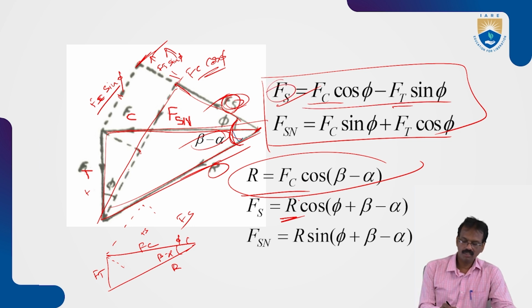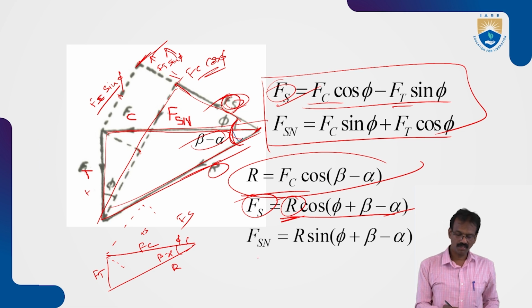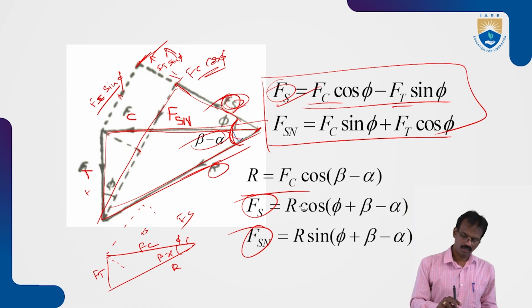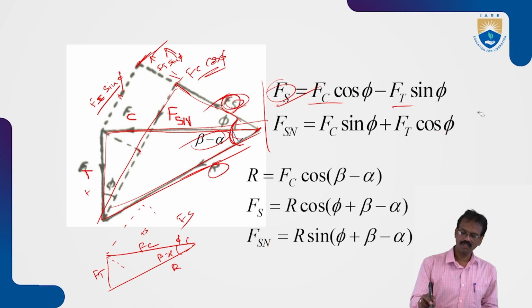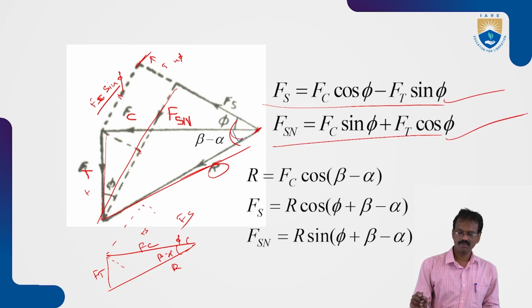If the resultant and the different angles have been given, then you can find Fs by using this formula. Similarly, the formula of Fsn with respect to the resultant R is R sin of phi plus beta minus alpha. So by using the resultant and angles, or otherwise by the triangular method, you can find the formulas. These are the final formulas for Fs and Fsn.